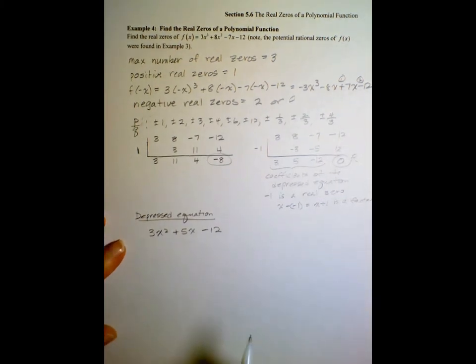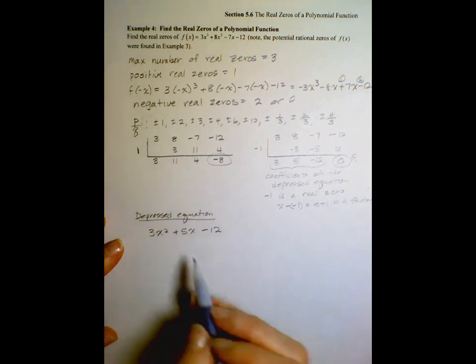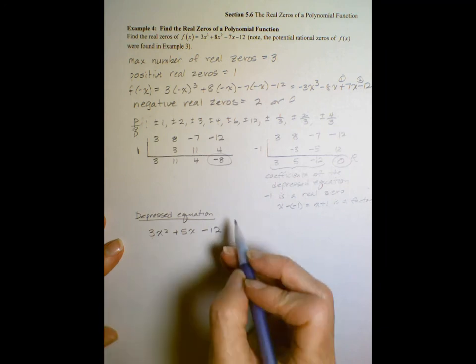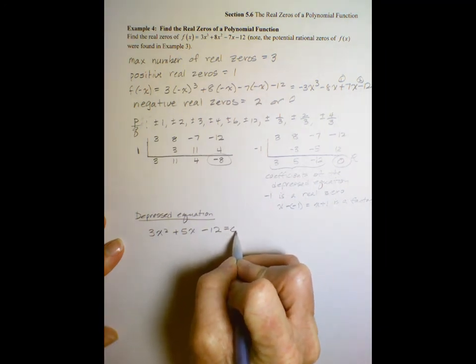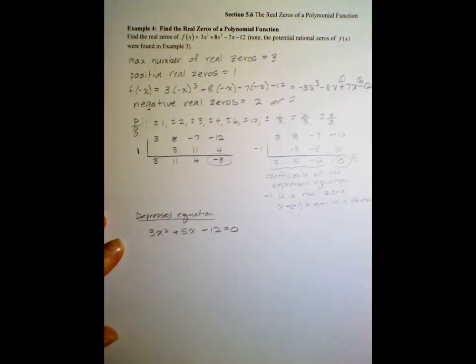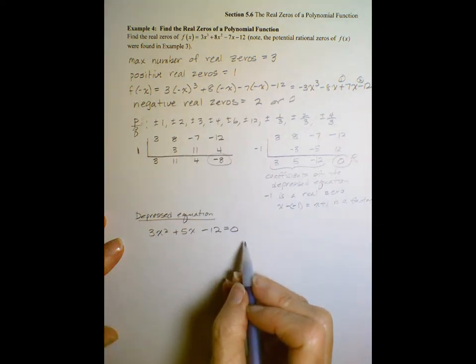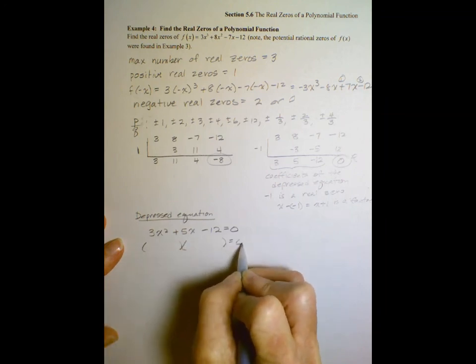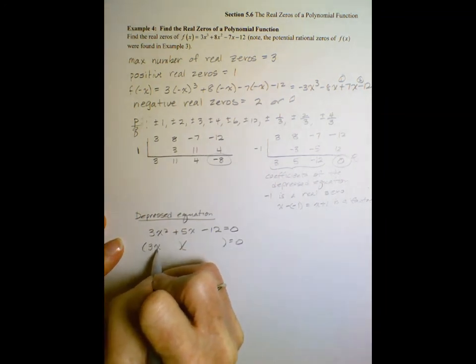Now, it said, if you can, use other techniques. We can keep using synthetic division, but I could also say, hey, that's a trinomial. Let me set it equal to 0, and maybe I can find the factors that way. You could use the quadratic formula, or you could factor it. I think this one might factor. I want to give it a shot.